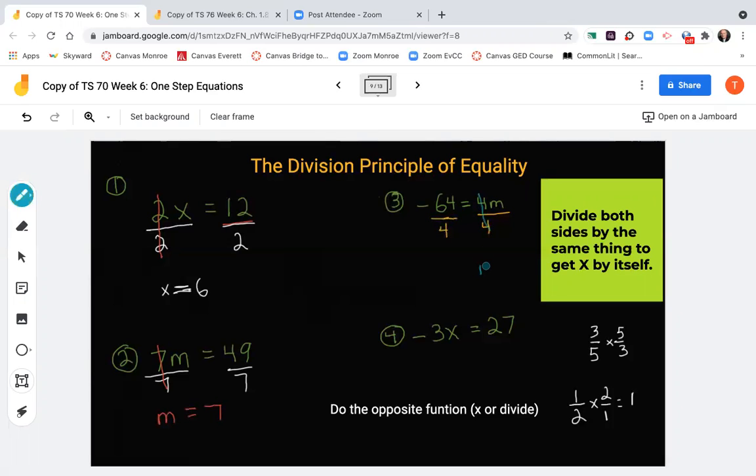I'm left with m equals 4 goes into 64. How many times? What is it? 16. My brain is 4, 20, 4, 5, 6. Yep, 4 times. So 16. So 4 goes into 64 16 times.